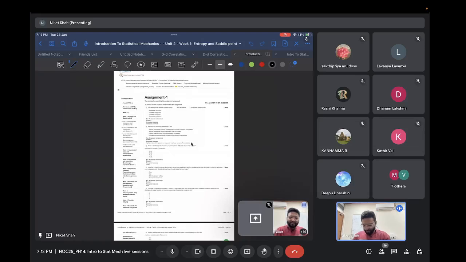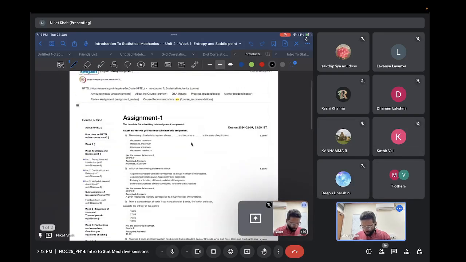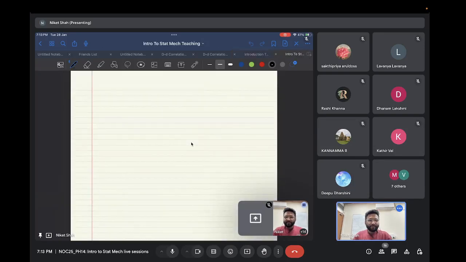In these sessions, basically, the teaching part is already done by the professor. We'll solve some sample problems. Generally, as teaching assistants, we take previous year problems and we solve them for you. So you get a hang of how to solve the problems that are in the current week.